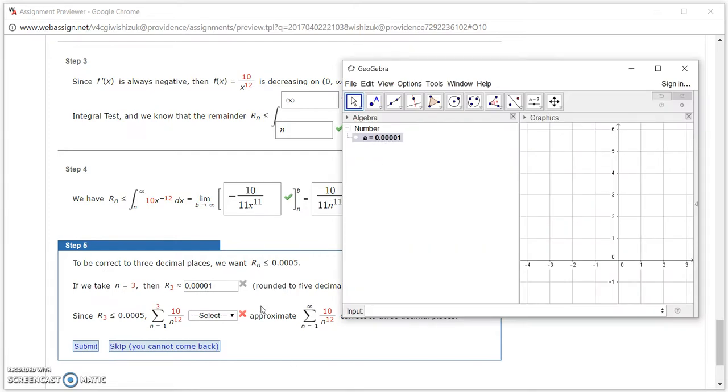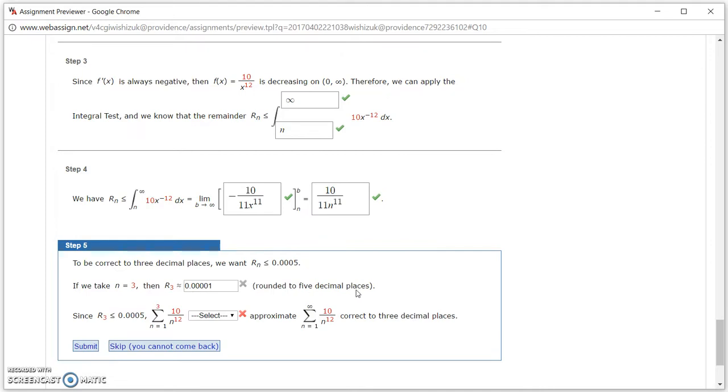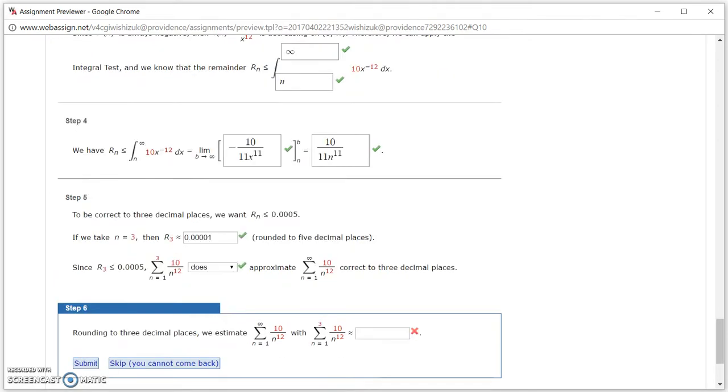So rounded to 5 decimal places, we got that. Since R3 is less than 0.0005, the sum from 1 to 3 does approximate correct to 3 decimal places. Let's submit. Looks like we got step 5 correctly as well.